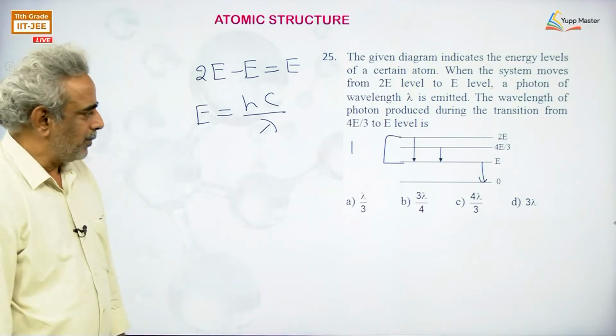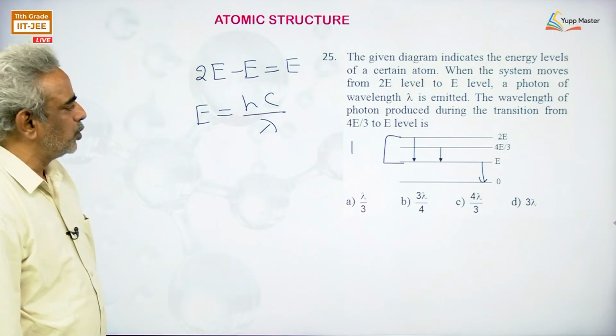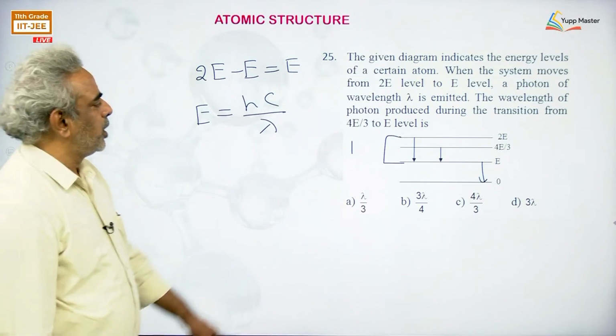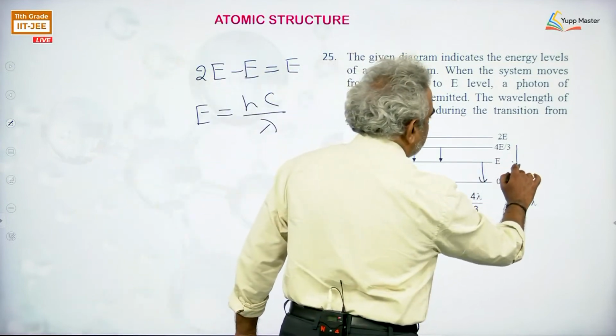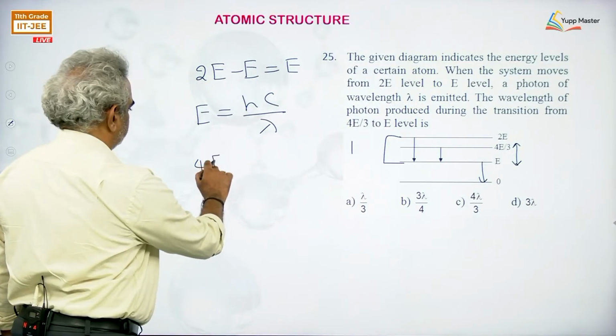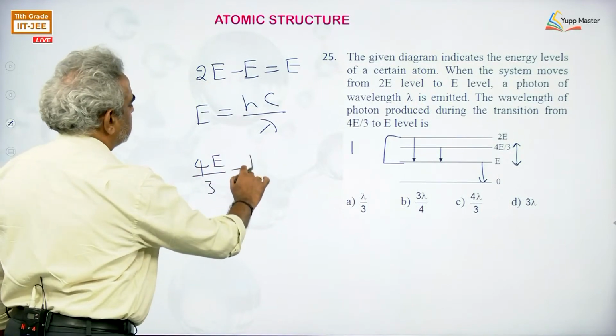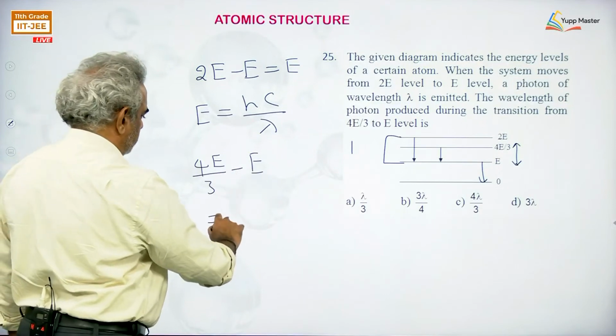Keep it like that. Now, he wants the wavelength of photon produced during the transition from 4E by 3 to E. What is the energy gap? 4E by 3 minus E will be how much? 4E minus 3E by 3, E by 3.